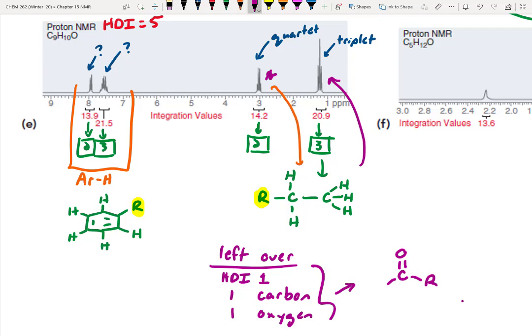Slide this over. Must have 2 attachment points here and here. So now we've got all of our pieces that we can link together. And I would say, all right, this makes sense. I must have an aromatic ring immediately attached, would be my CO double bond. And then I would have my ethyl group over here. Does that make sense? So we're kind of linking all of these puzzle pieces together to find our final answer.